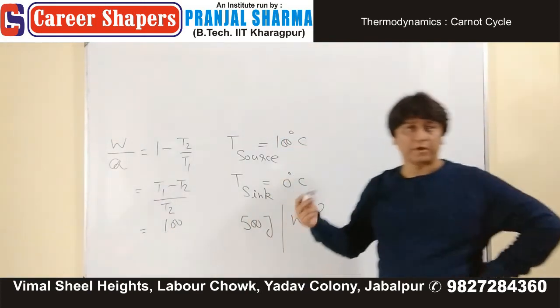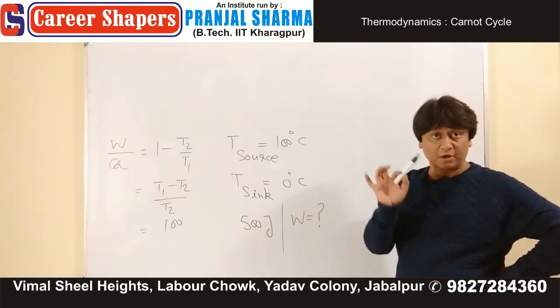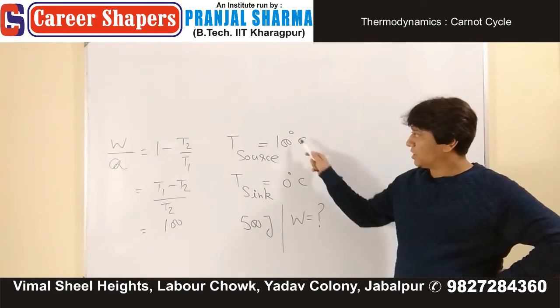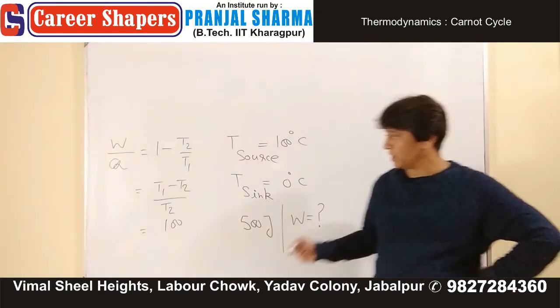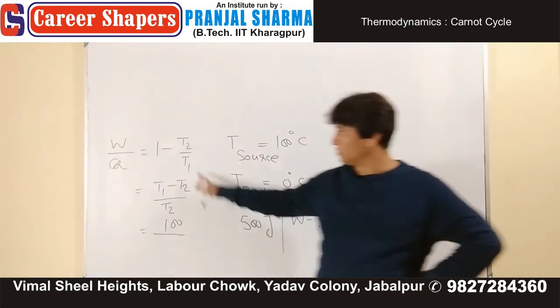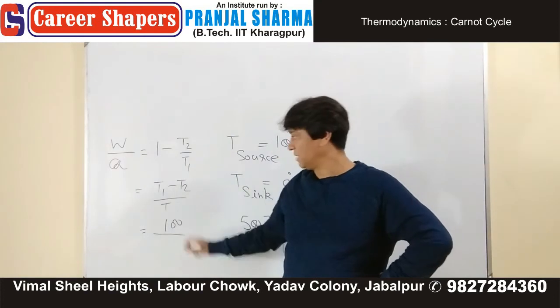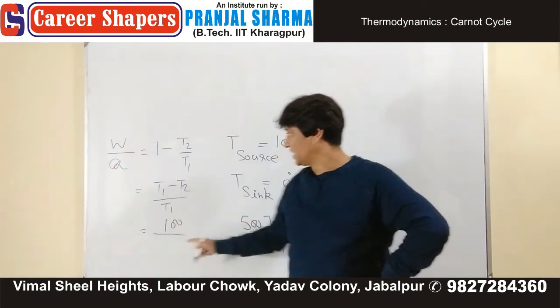When you go for the difference, Celsius or Kelvin, it will give you the same thing. So 100 minus 0 is 100 only. What is T1? 100.